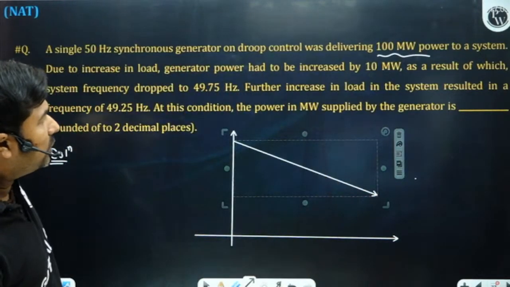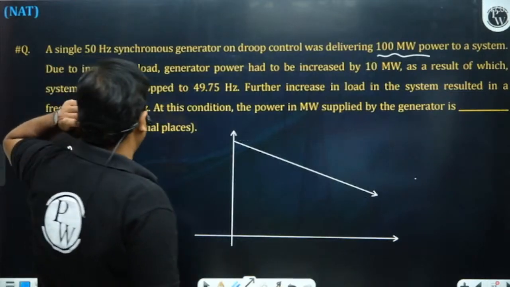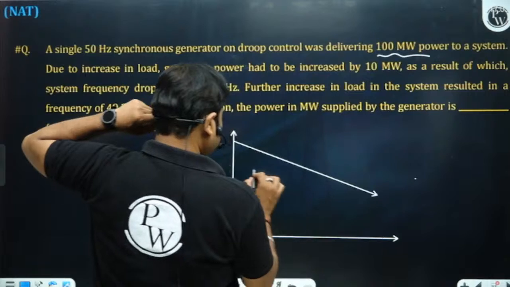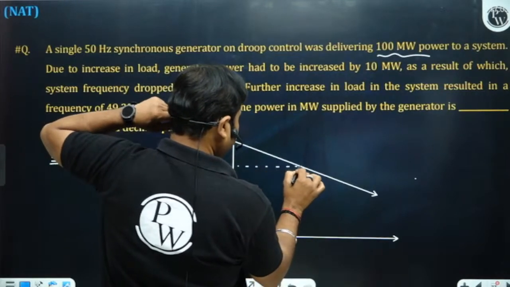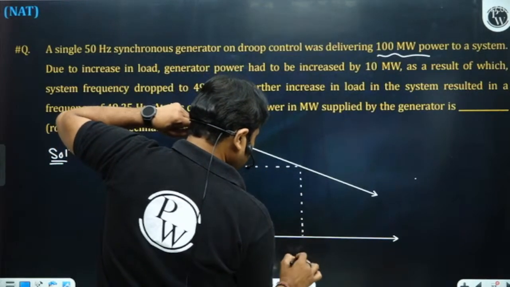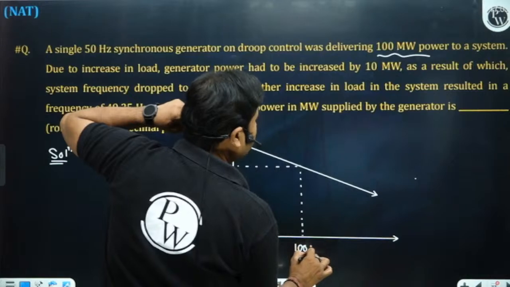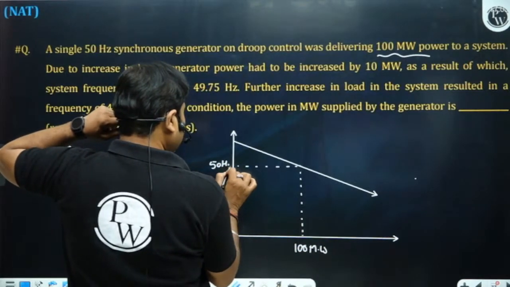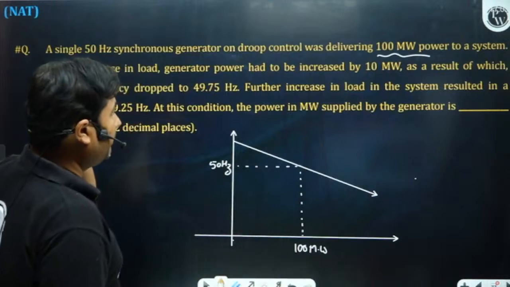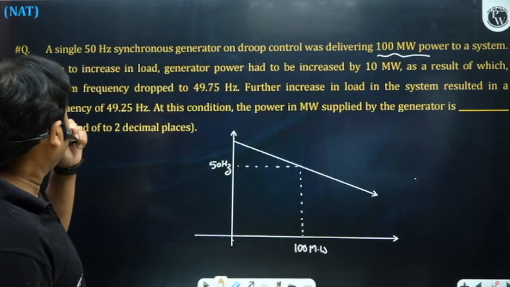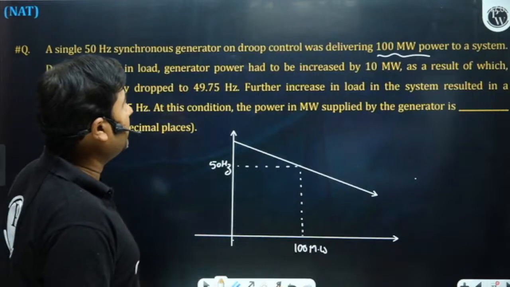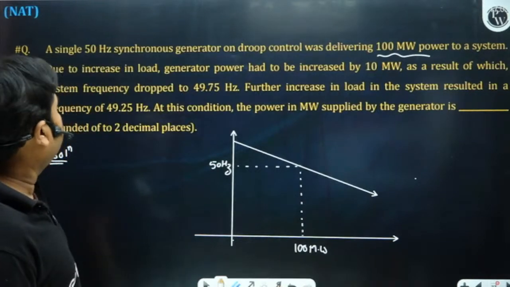On droop control, it was delivering 100 megawatt power to a system at 50 Hz. So it means at 50 Hz, it gives 100 megawatt of power. Is it okay? Due to increase in load, generator power had to be increased by 10 megawatt.